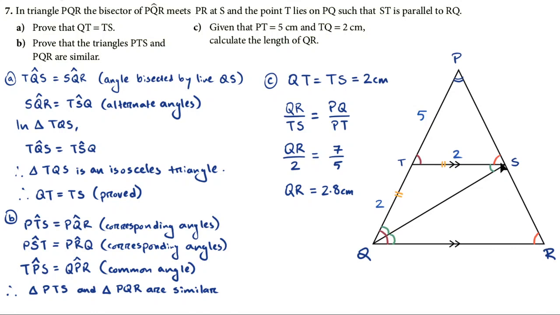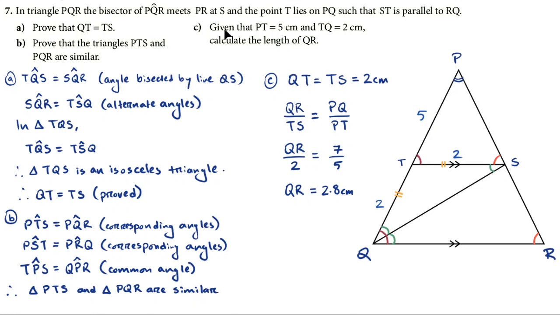This angle and this angle are equal because they are corresponding angles. These two lines TS and QR are parallel, hence these are corresponding angles. Angle TPS is equal to QPR. It's the common angle for both of the triangles. Therefore, triangles PTS and PQR are similar.